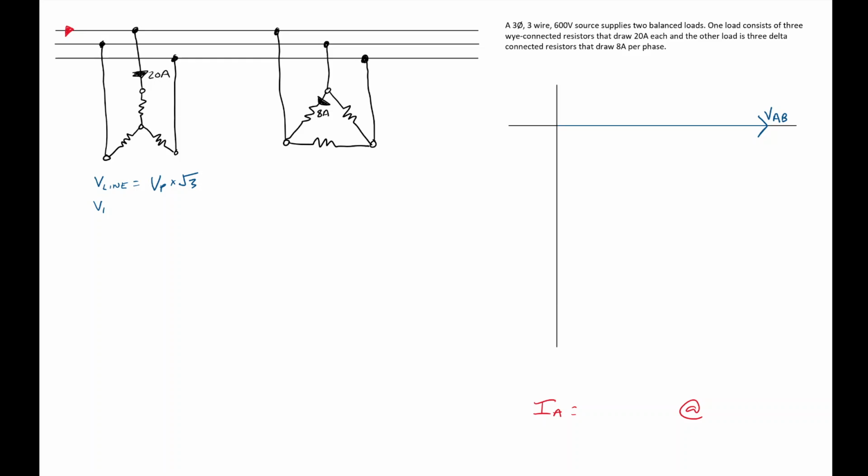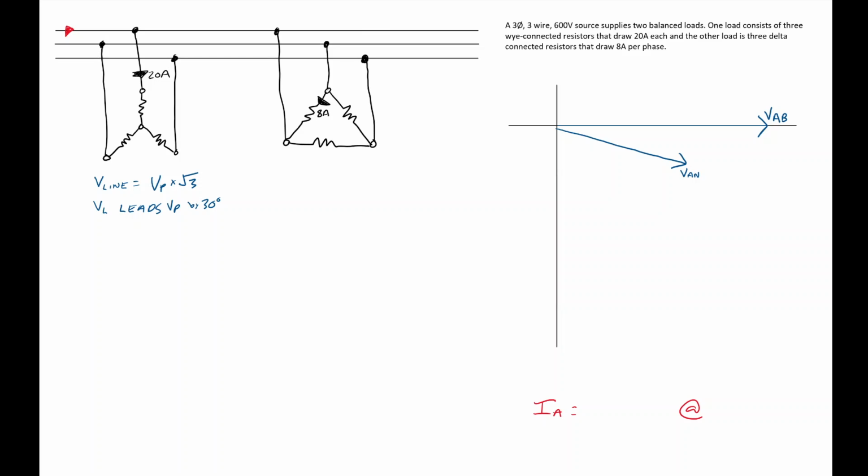And I know that V line leads V phase by 30 degrees, which means that I also am going to have a phase voltage here. It's going to be 347 volts, 600 divided by root 3, and it's going to be over here at about 330. And again, I'm not using a ruler, we're just doing that. So this would be VAN. That's where that would be, right?